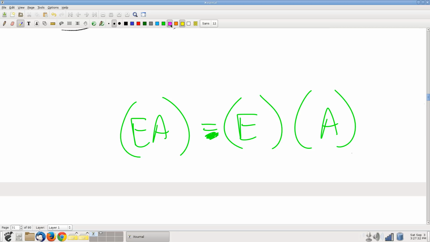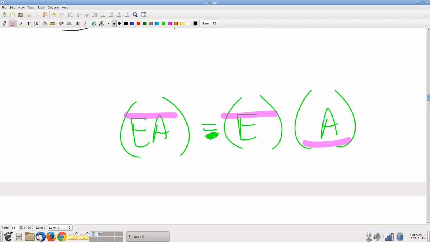What we know from matrix multiplication is that one of the rows of this matrix is some linear combination of the rows of this matrix, where I use this row here as my coefficients. Well, likewise, this row is this linear combination of these rows.